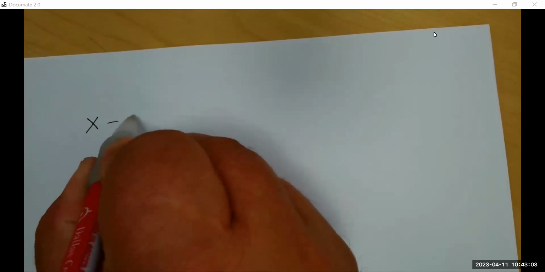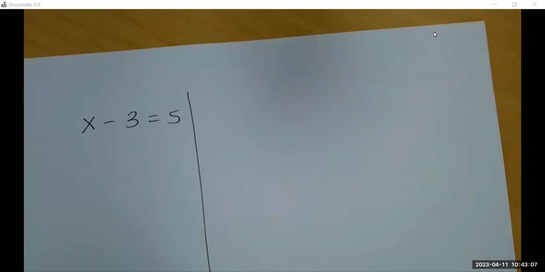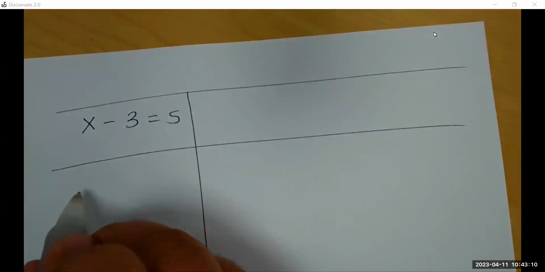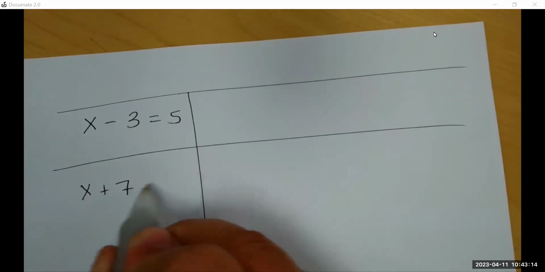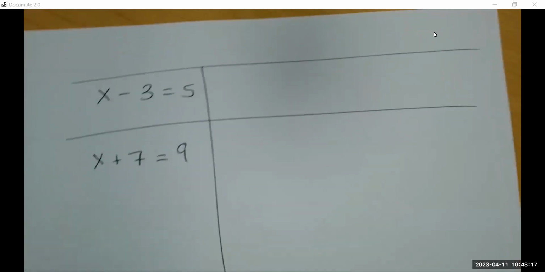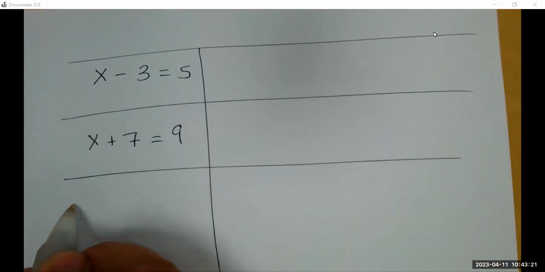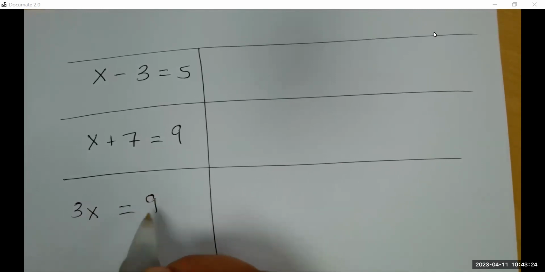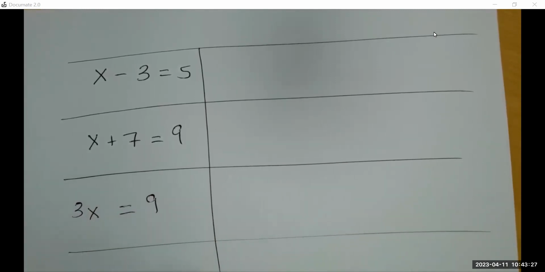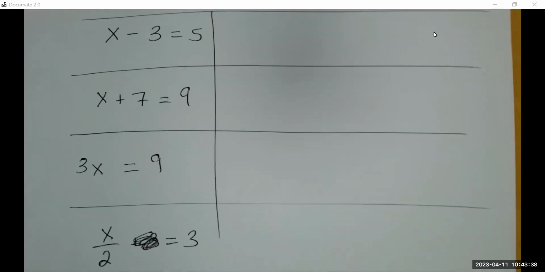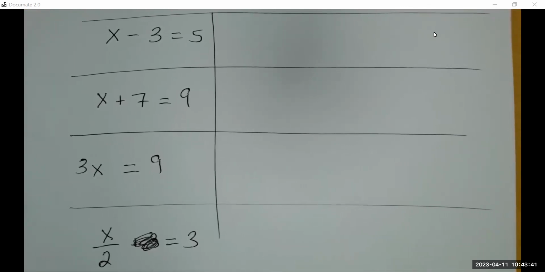Let's look here. Let's look at these 4 operations, because these are the only things that can happen to you in these equations.